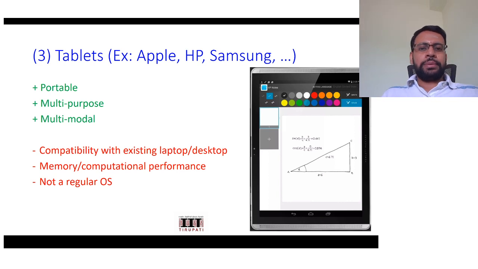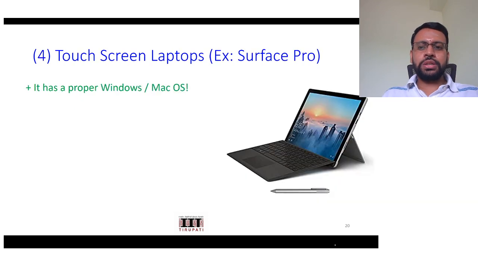And yes, of course, this is not a regular OS. By regular OS, I mean Windows or Mac or Linux, right? So there are certain tools that run only on those OS. Since this is not a regular OS, you won't be able to run them on this machine.